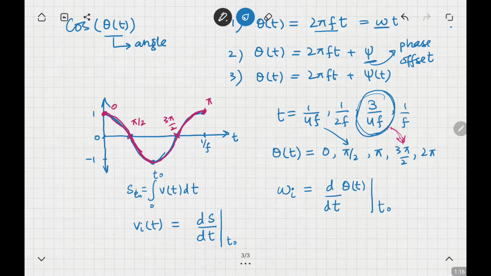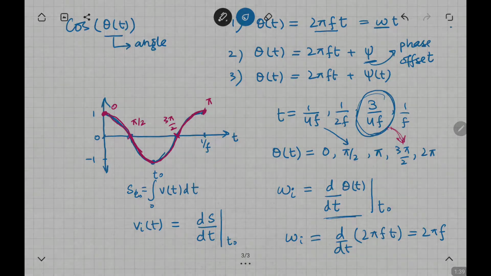Now in this case, our frequency is constant, it is f. So if we calculate this, it will just give us d by dt of 2 pi f t, which is equal to 2 pi f, which is the definition of angular frequency.